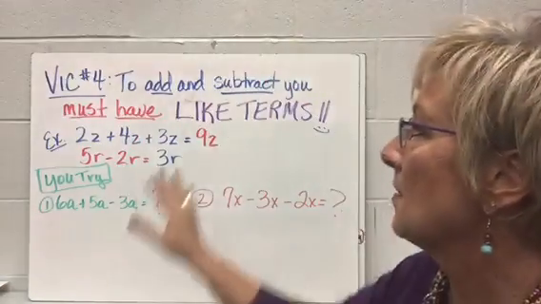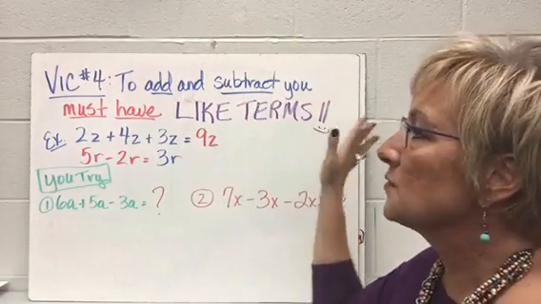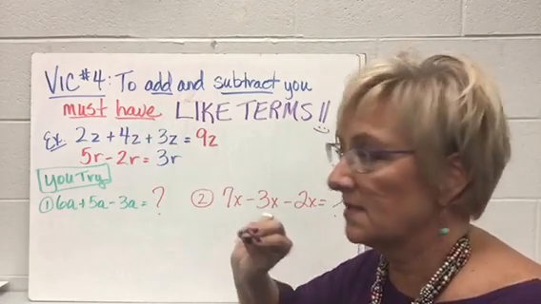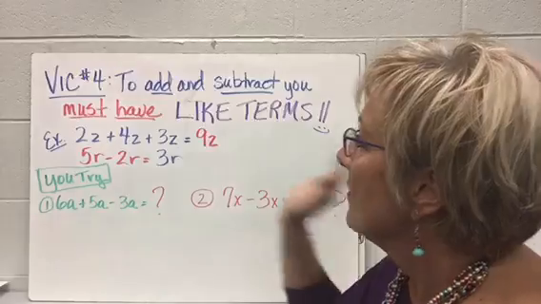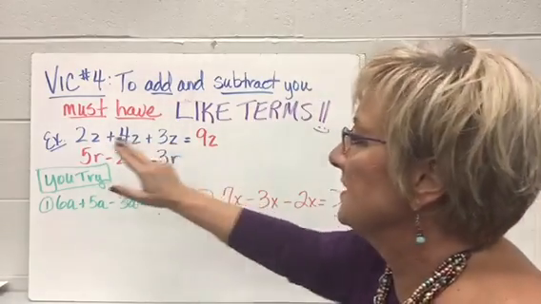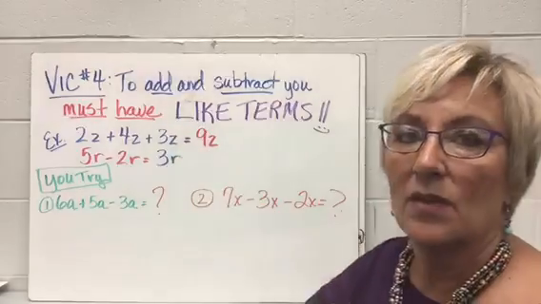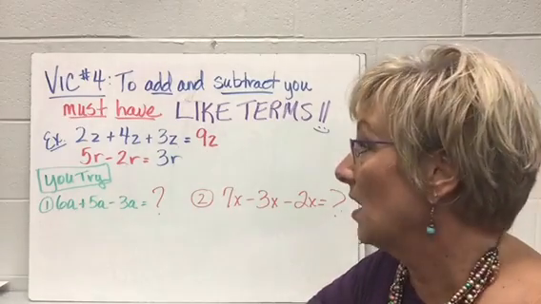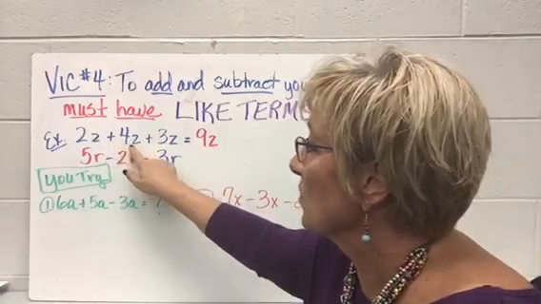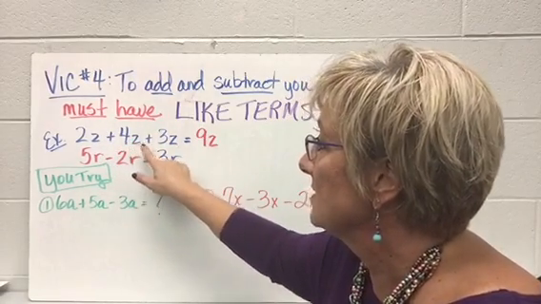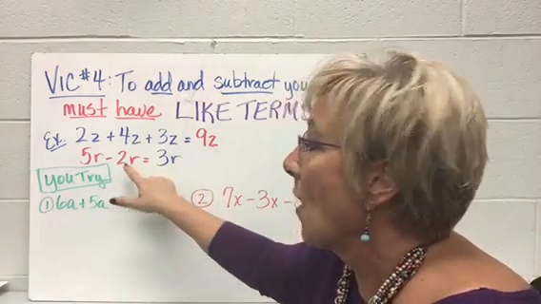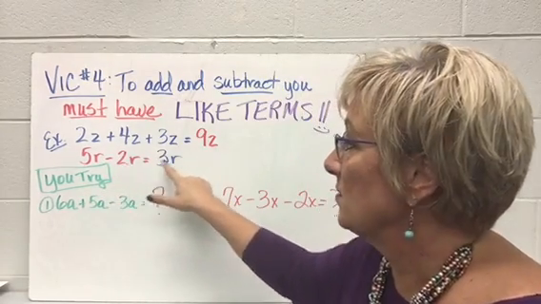Very important concept number 4. To add and subtract, you must have like terms. You must have like terms. For example, 2z plus 4z plus 3z, they all have a z with them, and I'm going to just add them up. They've got a variable of z, so I know that 2z plus 4z is going to be 6z. 6z plus 3z is 9z. 5r minus 2r is going to be 3r.